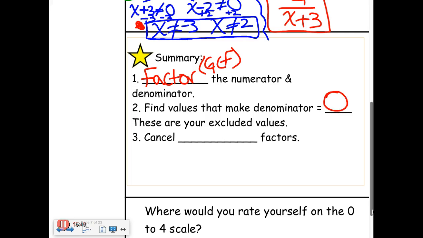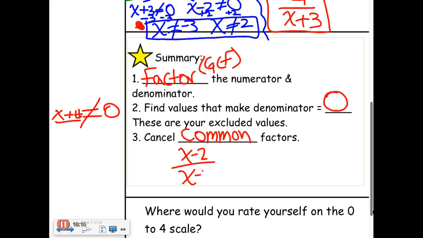These are excluded values. So remember, what you're really doing is making them not equal 0, and then solving them. Okay. And like we just did in that last problem, you need to cancel common factors. So remember in that last one, we had x minus 2 over x minus 2, and we canceled those because they were in common. Okay.